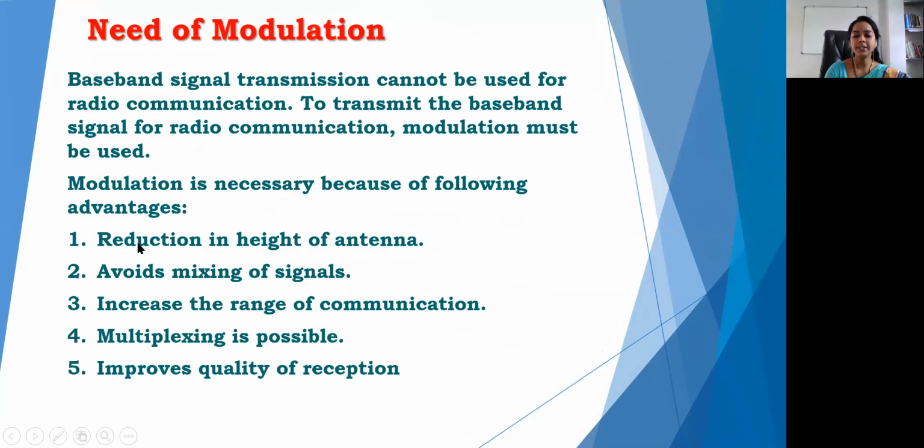So what is the need for modulation? Why do we need modulation techniques? Whatever the disadvantages of baseband transmission that we have seen, just to avoid the disadvantages of wired communication systems, we have invented modulation techniques.